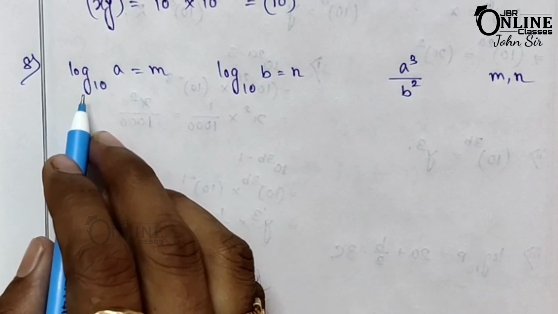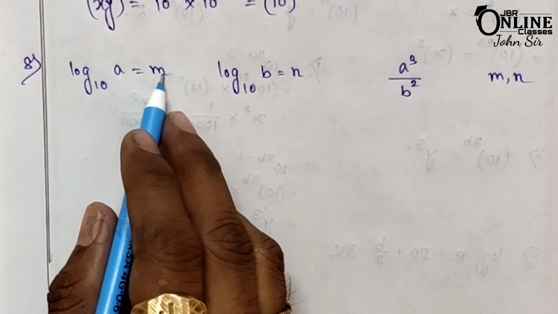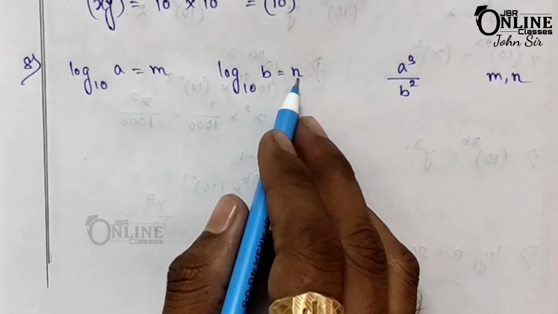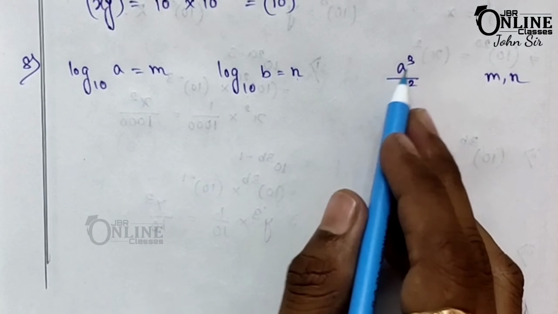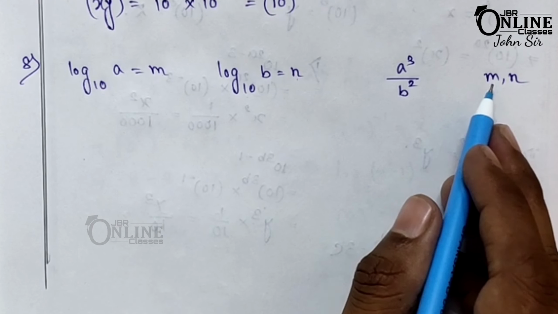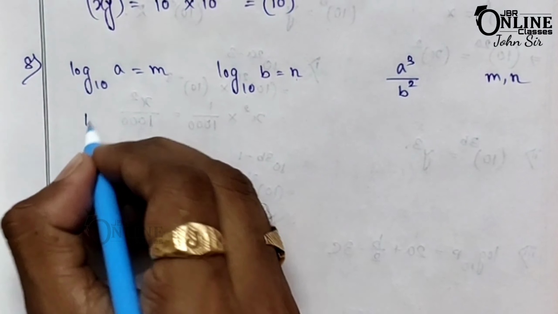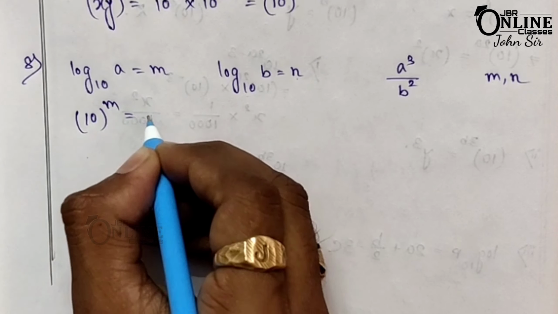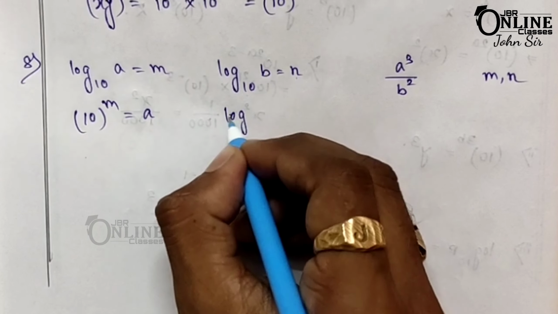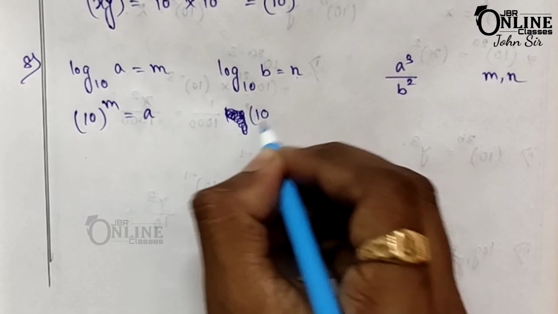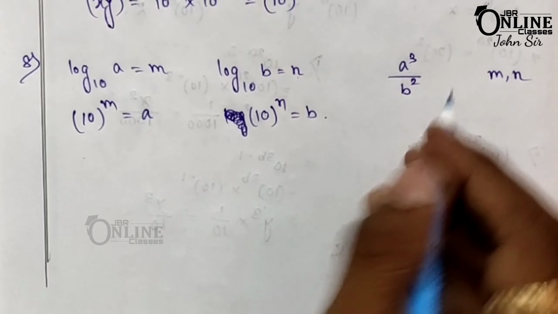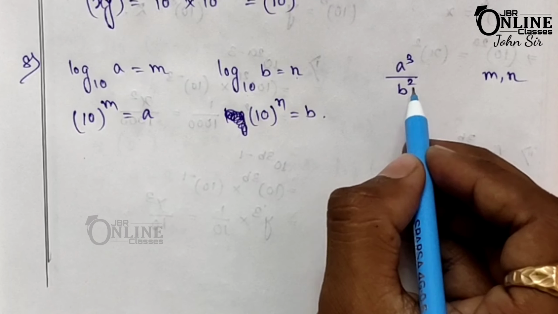Sum number 8. Given that log 10a equal to m and log 10b equal to n, express a cube by b square in terms of m and n. So here 10 to the power m equal to a and 10 to the power n equal to b. Now you have to find out a cube by b square.